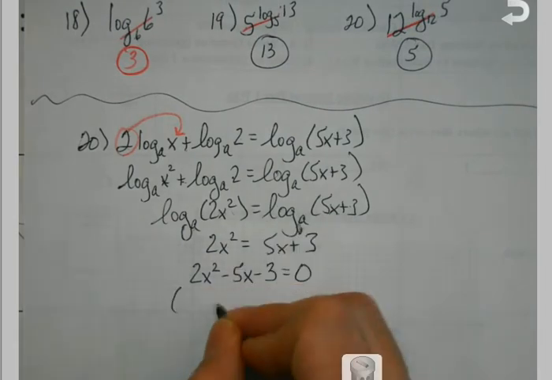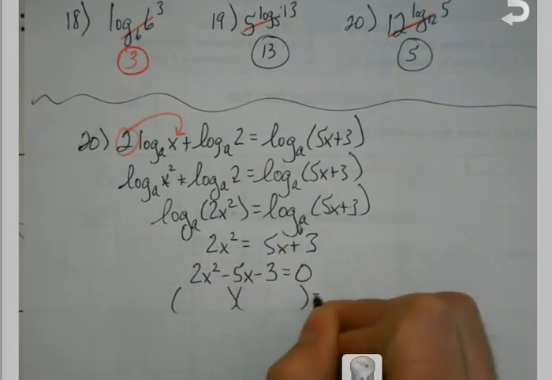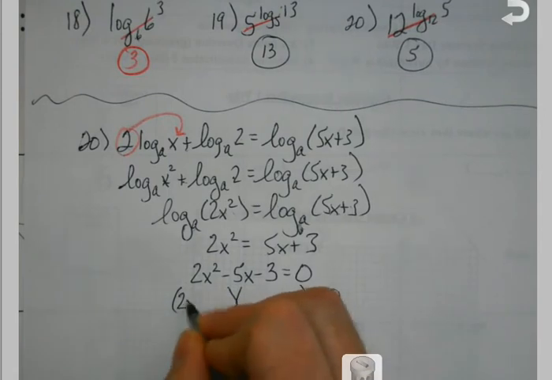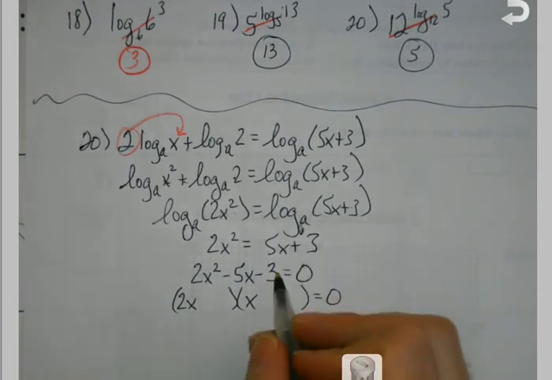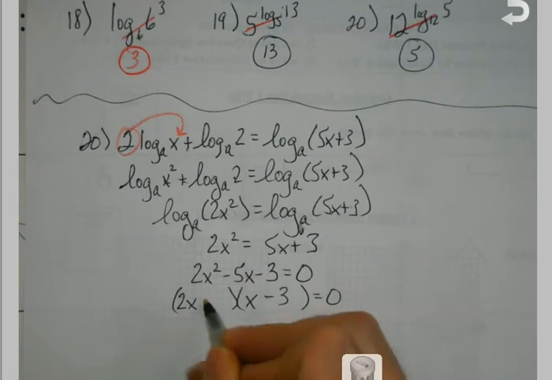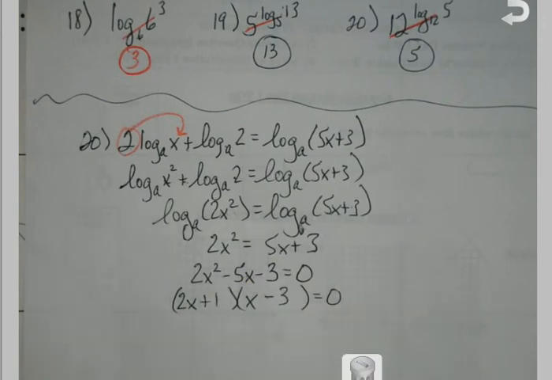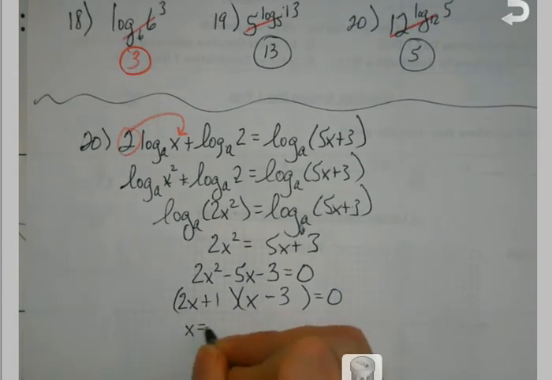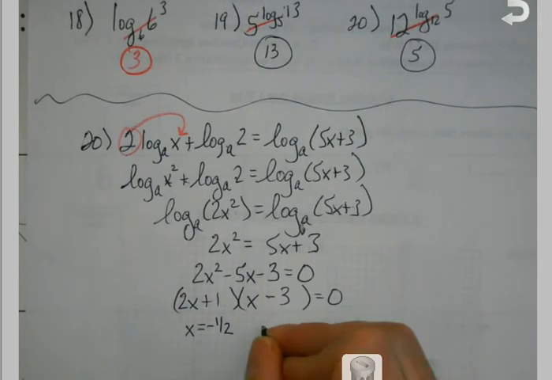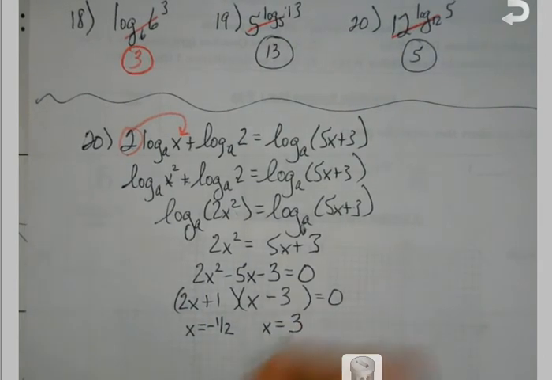So, a little bit of factoring coming back in. It never really goes away once you learn it the first time. Let's see, minus 6 and plus 1, yes. So I'm going to set these each equal to 0 and find that my two solutions would be negative 1/2 and 3.